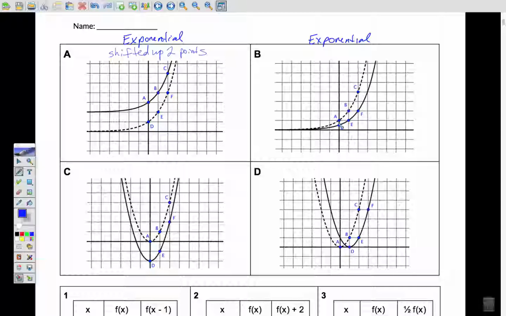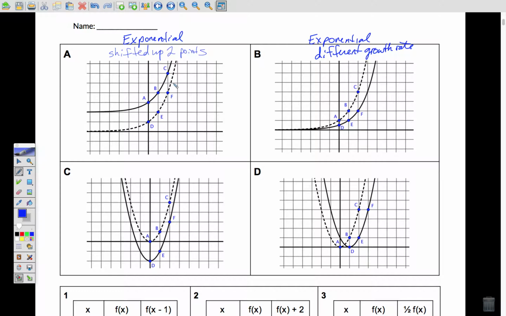Okay, but what I can say, when I did this with my San Diego students, they were saying that the growth rate was different. So this one has a different growth rate. And if you remember, the parent function for exponentials always goes through the point 0,1.